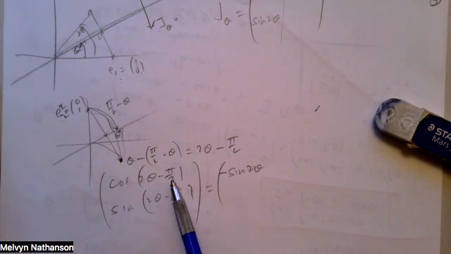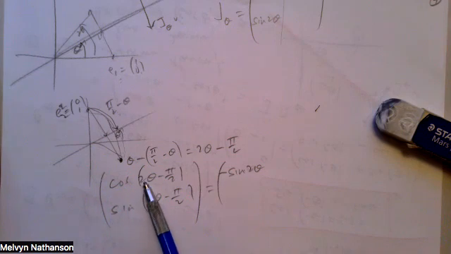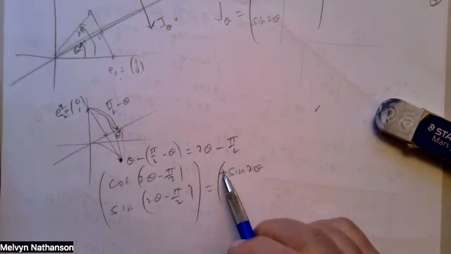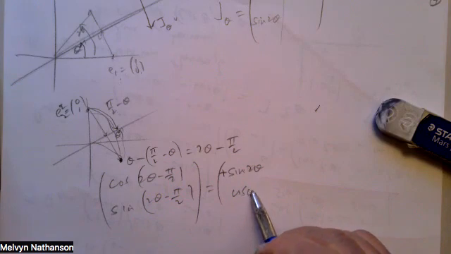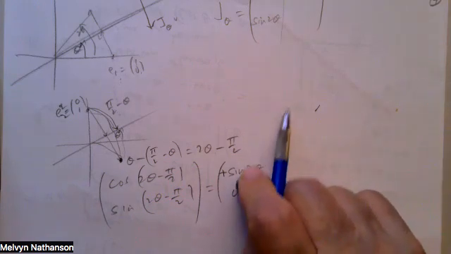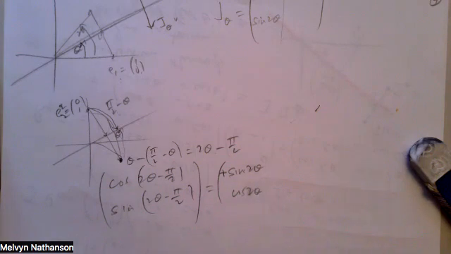Cosine 2 theta, cosine pi over 2, minus sine of 2 theta, sine of minus pi over 2, which is plus the sine of pi over 2, so that's a plus sign. And expanding this by the subtraction formula, sine 2 theta cosine pi over 2 is 0, plus cosine of 2 theta times the sine of minus pi over 2, which is minus 1.